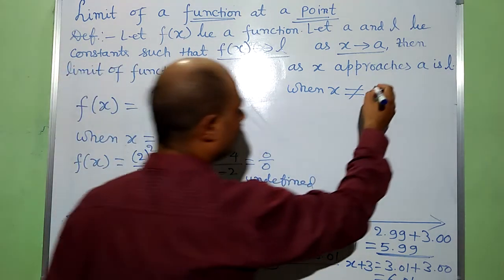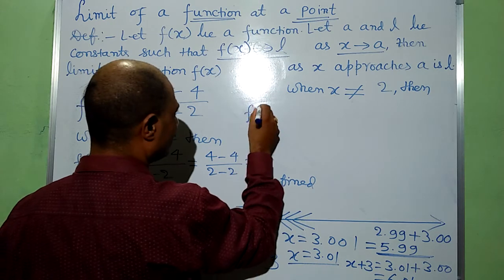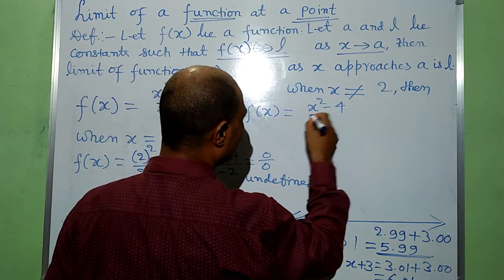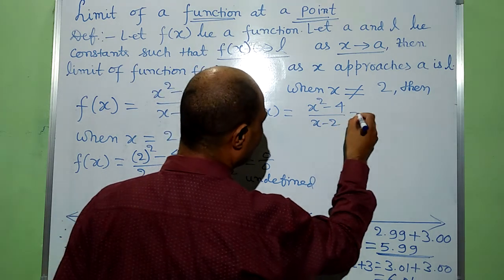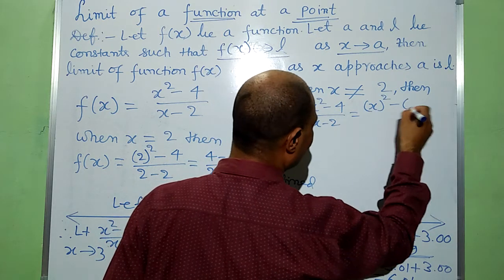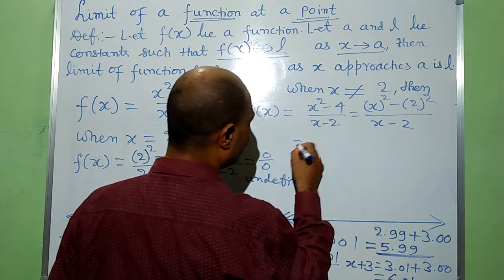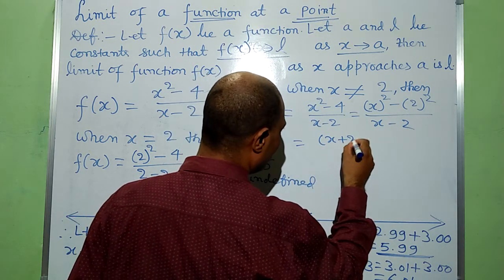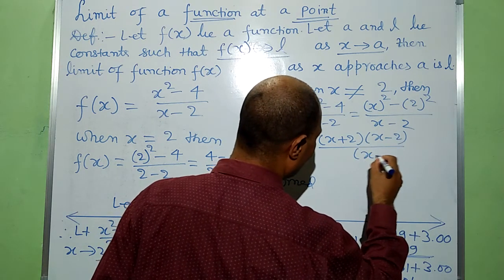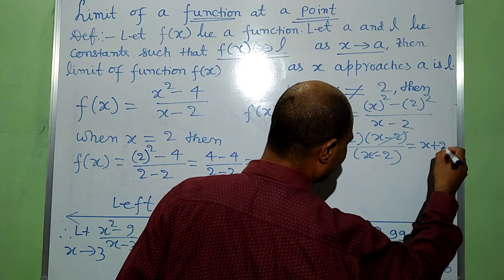When x is not equal to 2, f(x) is x square minus 4 by x minus 2, that is x square minus 2 square by x minus 2, which is further x plus 2 into x minus 2 by x minus 2. In this way we have x plus 2.